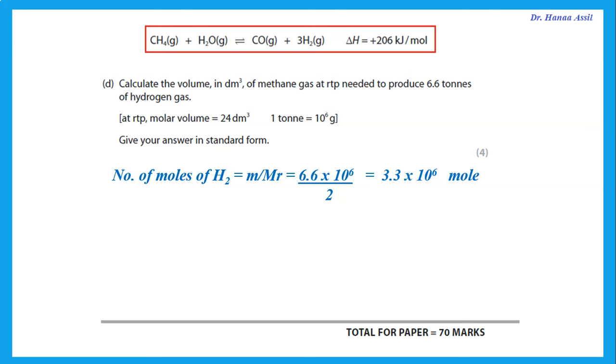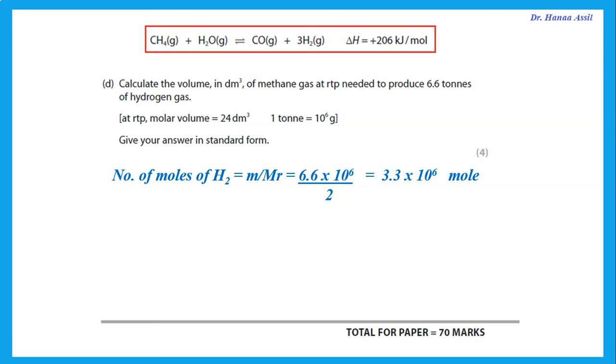Number of moles is mass over molecular mass. Remember that the mass here has to be in grams. I cannot put it in tons. And we are told that 1 ton is 10 to the power 6 grams. And that means 6.6 tons would be 6.6 times 10 to the 6 grams over the molecular mass of hydrogen.